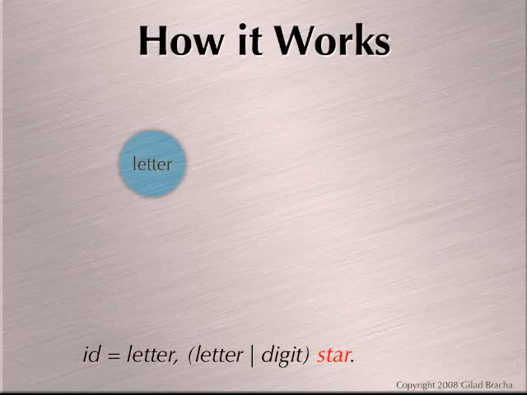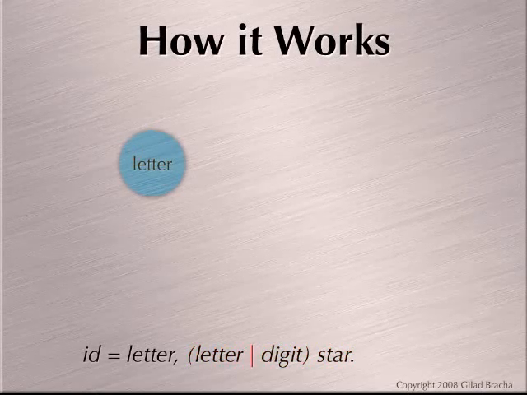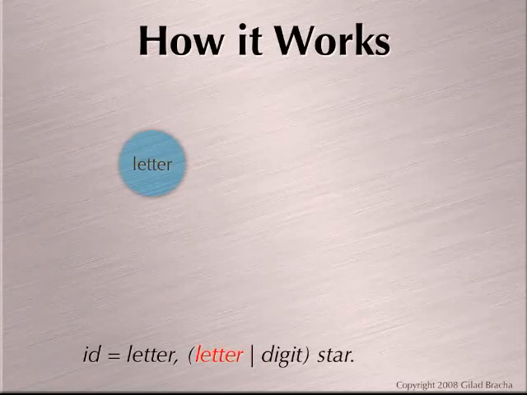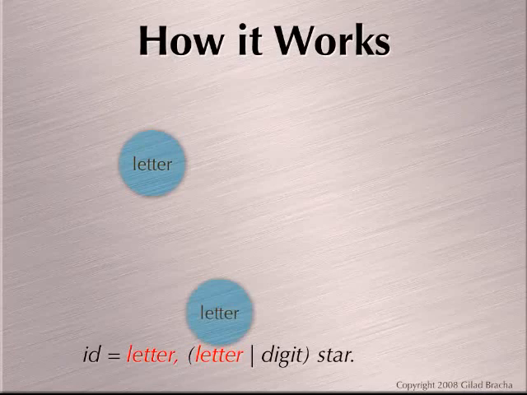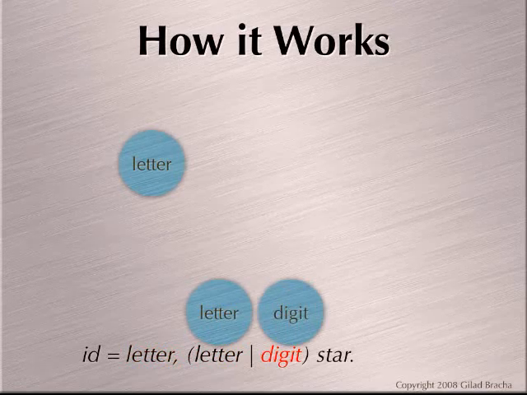So there's a receiver to star, and that's this expression, which itself is a method invocation. It's another one of these binary methods, and it has a receiver, and that receiver will again give us another object that parses a letter. Then we evaluate the argument, and that gives us an object that parses a single digit.